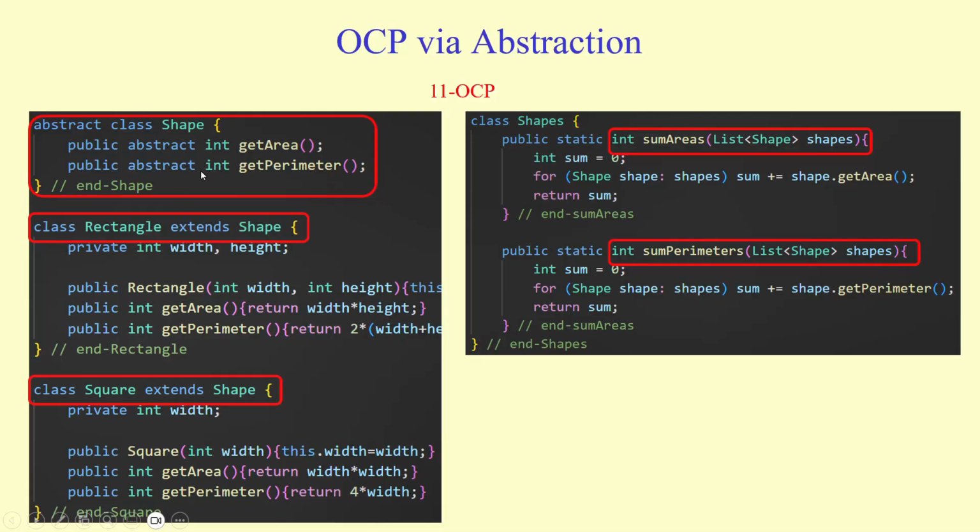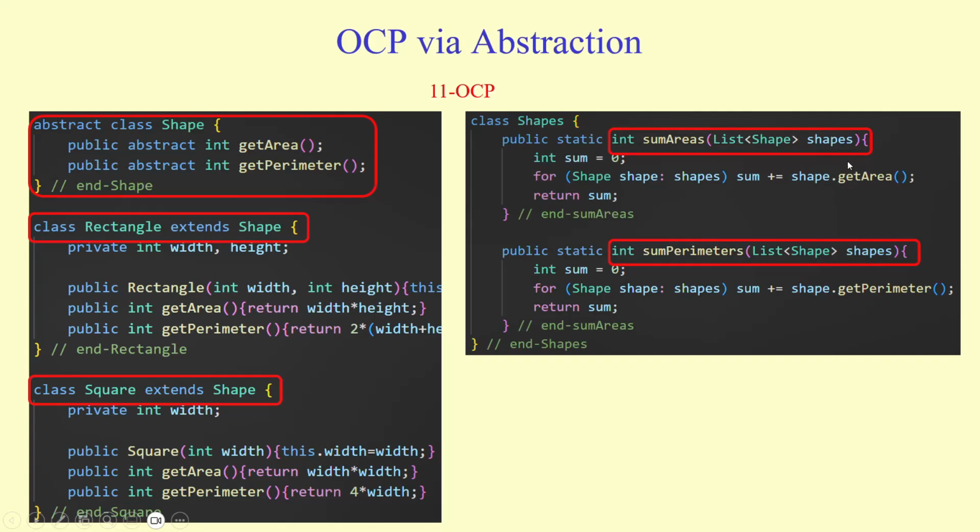So this is the abstraction and inheritance part of the solution. We then go ahead and change the SumAreas and SumPerimeters methods of the Shapes class such that both of these methods now take a list of shapes. And we simply have a loop where we make a call to shape.getArea.